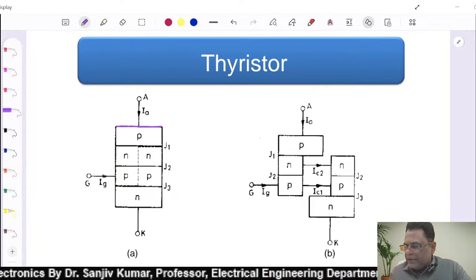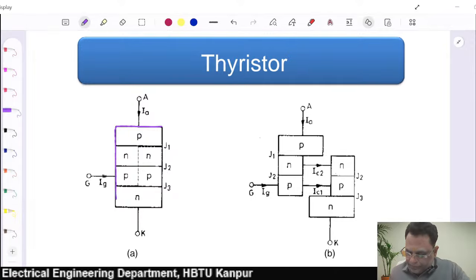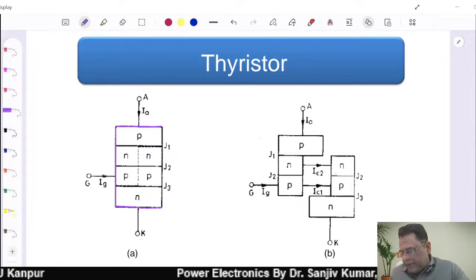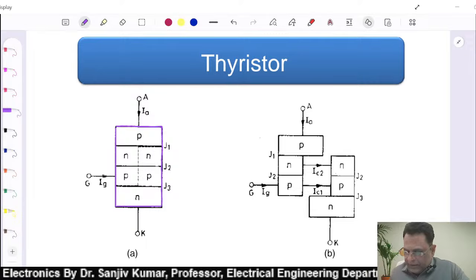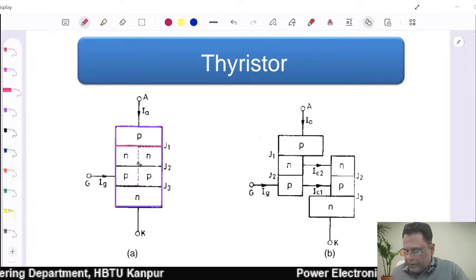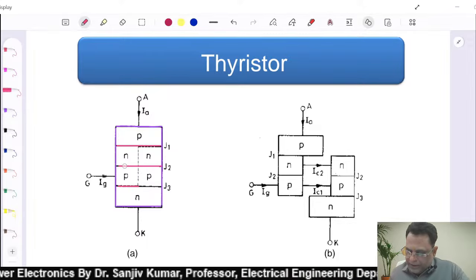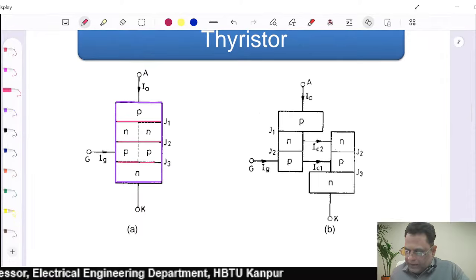The thyristor has three junctions like this.